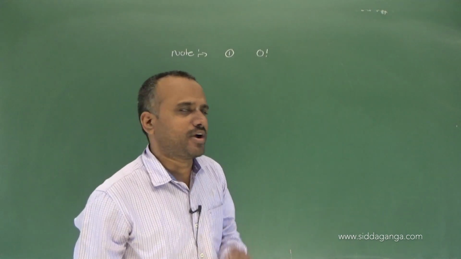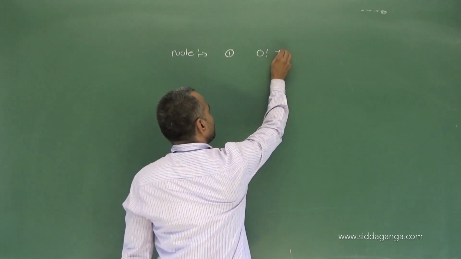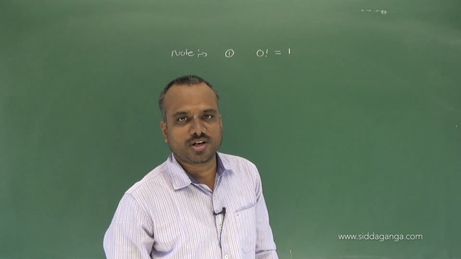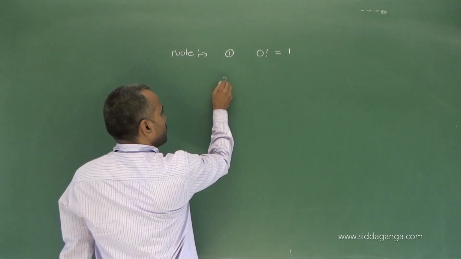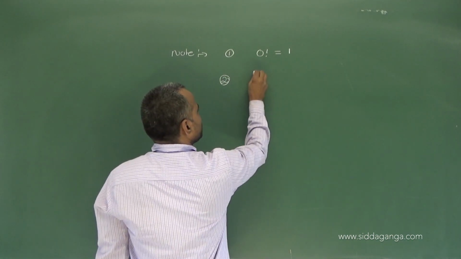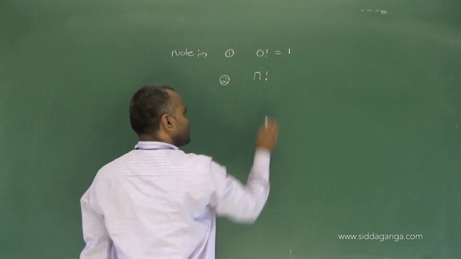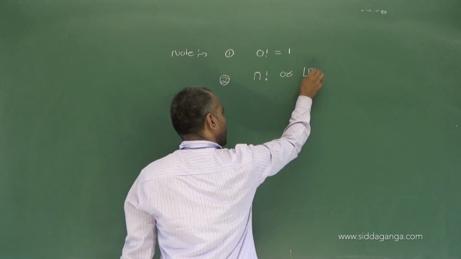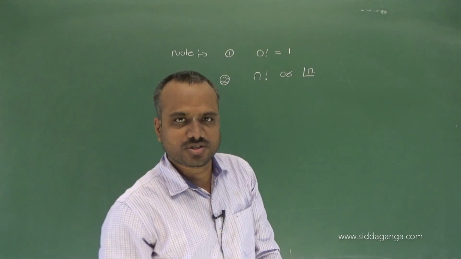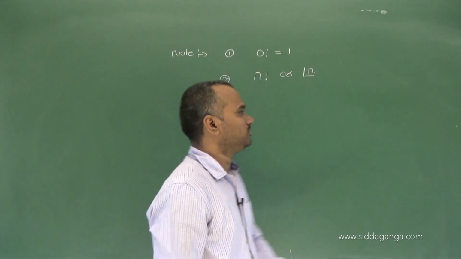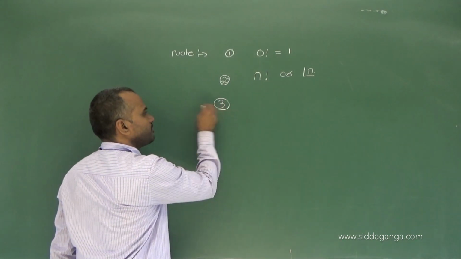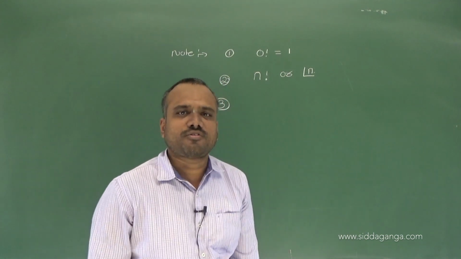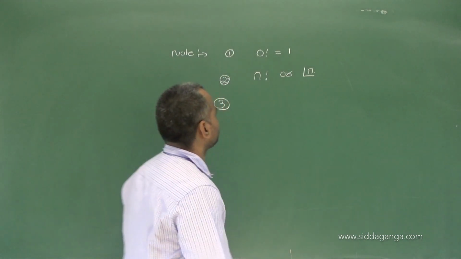We define 0 factorial is 1. Okay, 0 factorial is 1. Note number 2. Some textbooks write it like this. Both are the same. Understand? Third one, this is very important, 0 factorial. You remember always, we define 0 factorial is 1.